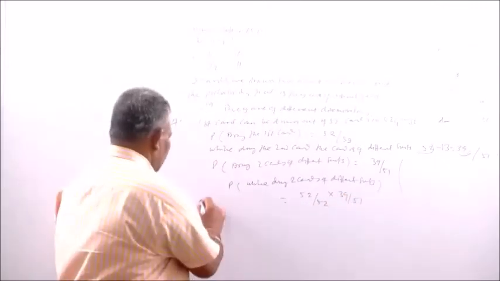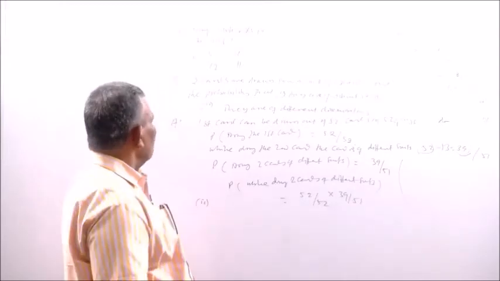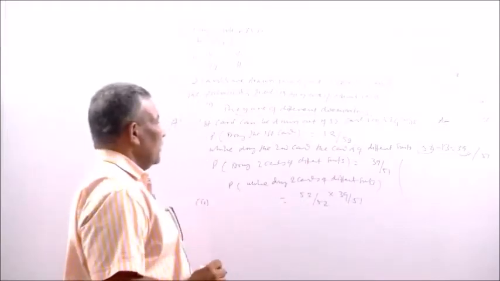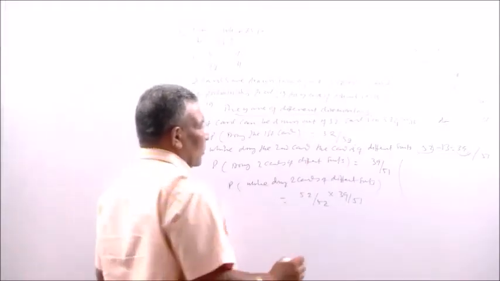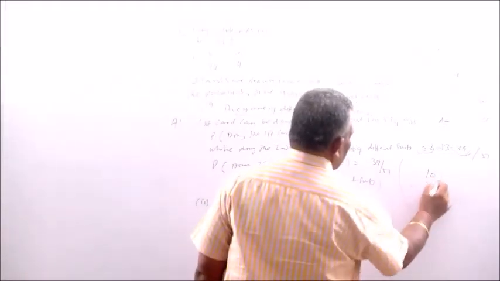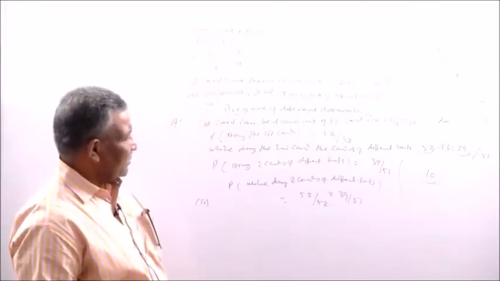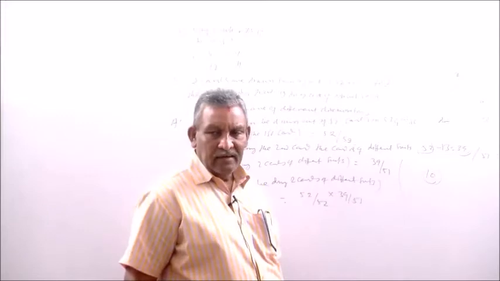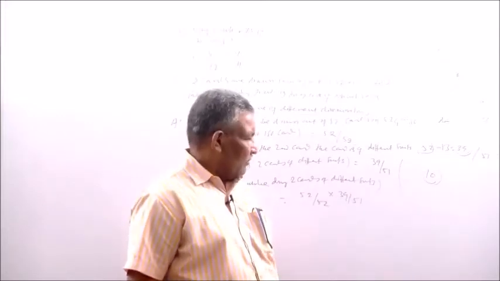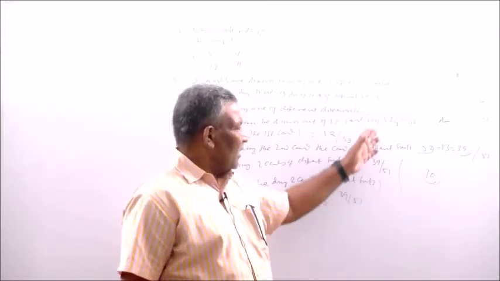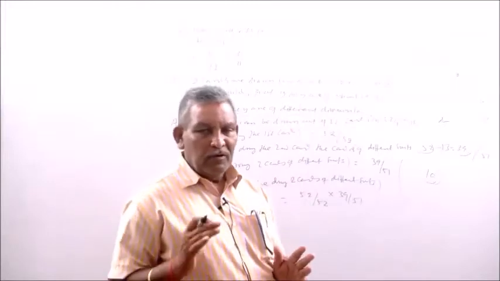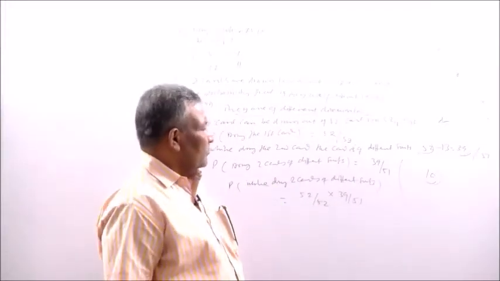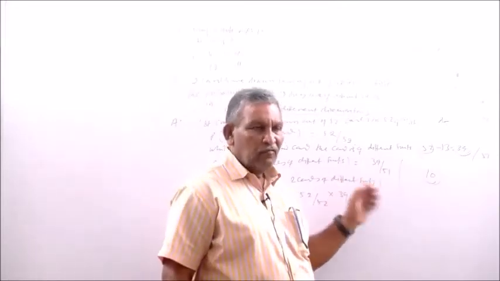For the second part, they are of different denominations. Suppose you got a card numbered 10. That means there are 4 cards numbered 10, one from each suit. So the first card will be drawn in the same way, 52 by 52, and the second card will be drawn in 52 minus 4, 48 ways.